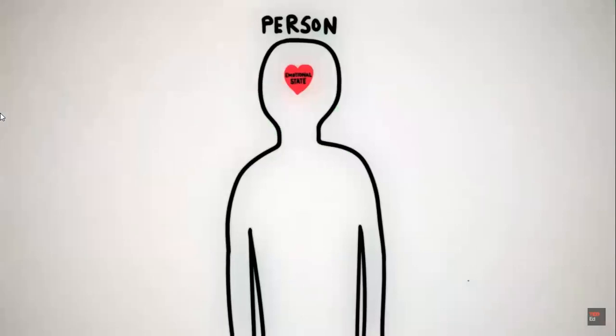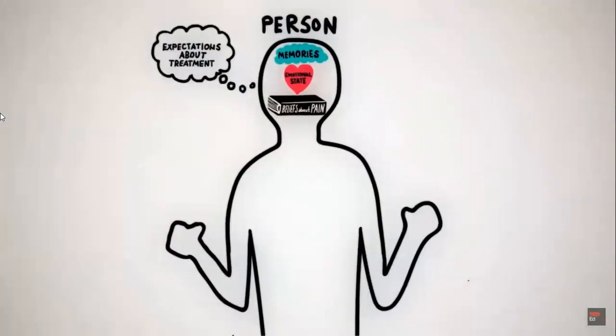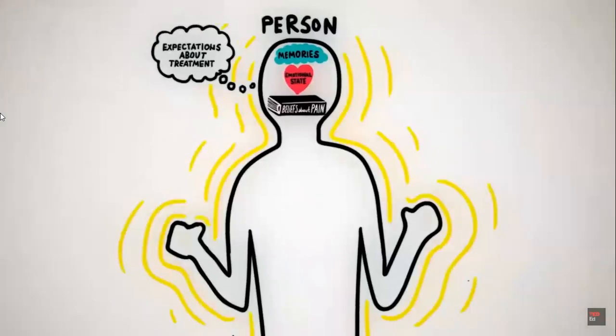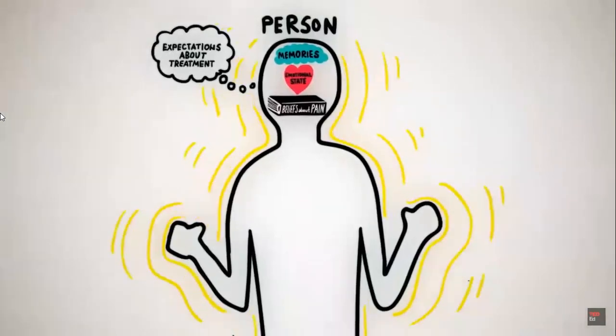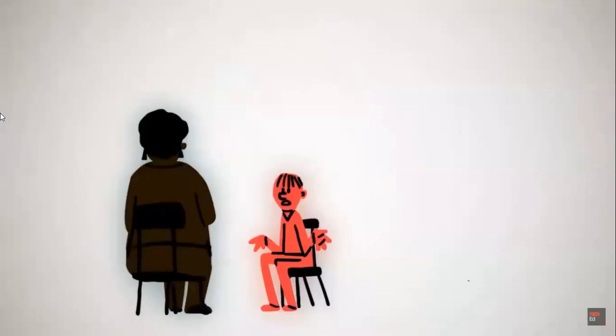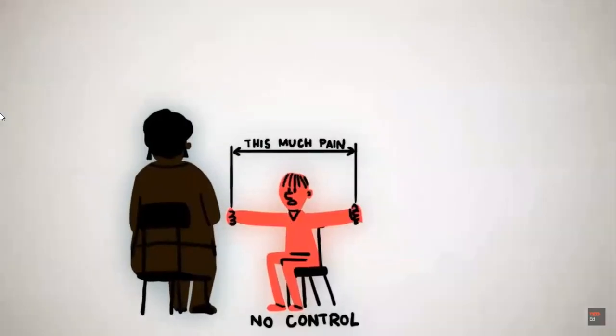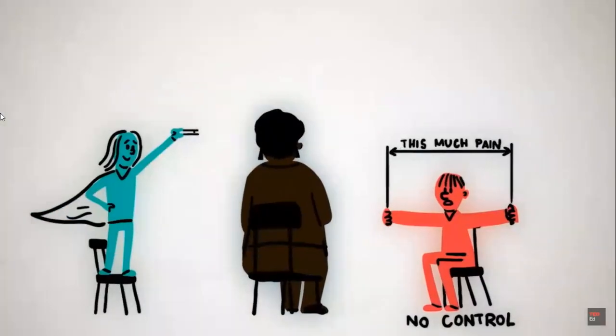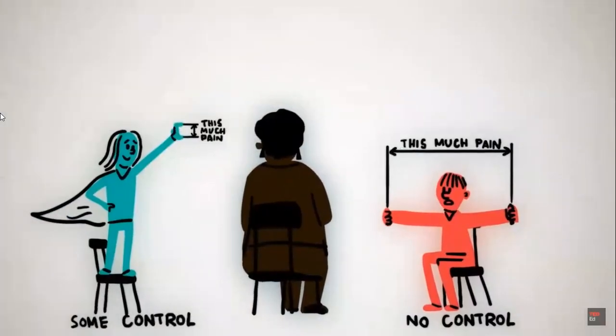A person's emotional state, memories, beliefs about pain, and expectations about treatment can all influence how much pain they experience. In one study, children who reported believing that they had no control over pain actually experienced more intense pain than those who believed they had some control.